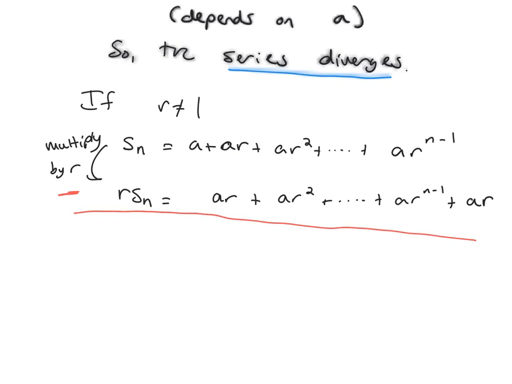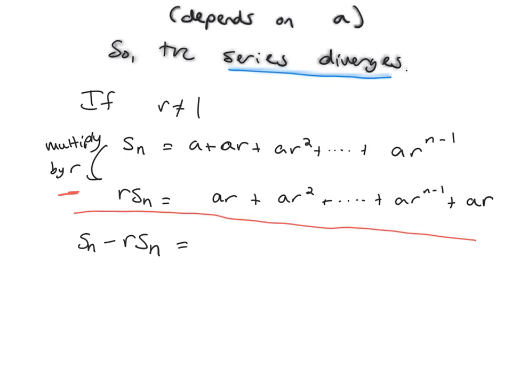What is that going to give me? Well, on the left side of the equation, what am I going to get? S sub n minus r S sub n. That was the left.